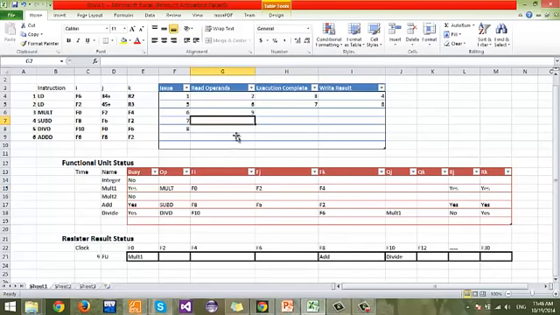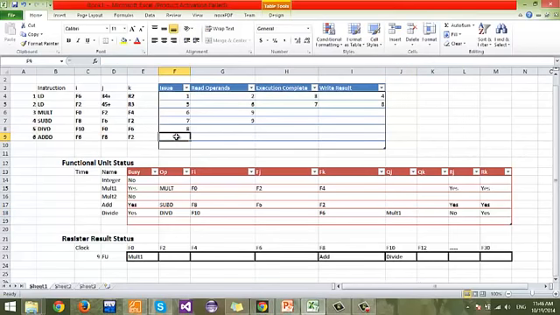Can sub D read its operands? Yes, all the operands are available, so it can also read its operands at clock cycle 9. What will happen to div D? No, div D cannot read its operands, as it is dependent on the completion of mult1.